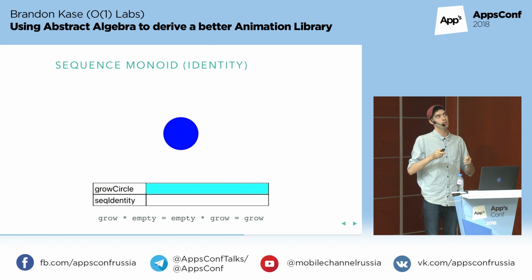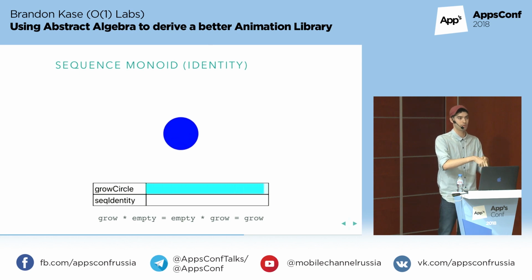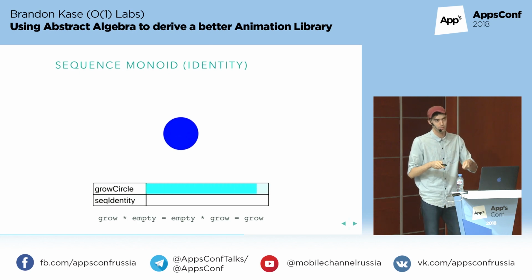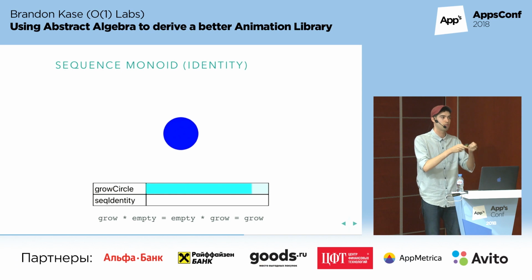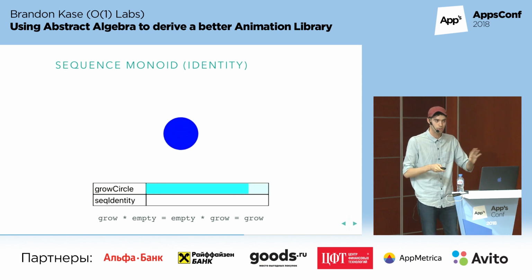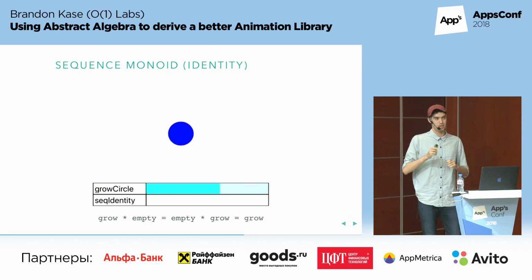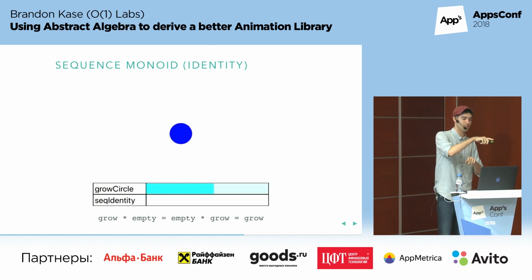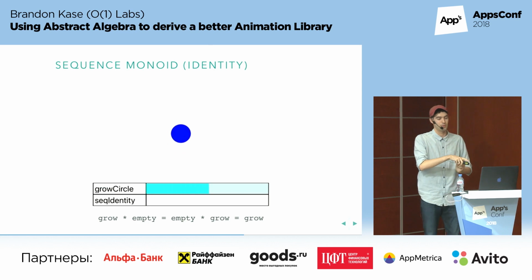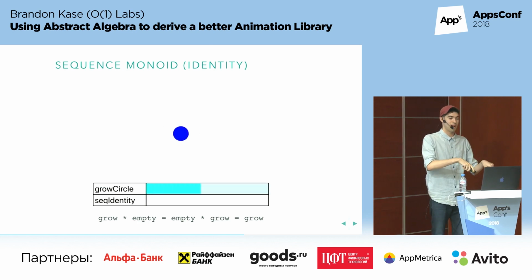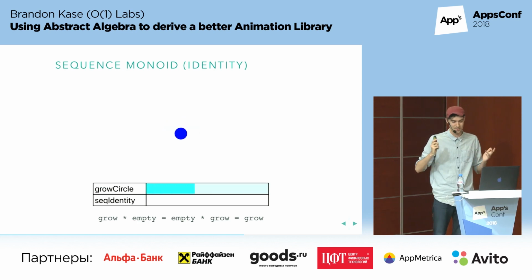Well, what if we coupled duration with the animation specification? Okay, so then we could say an animation with duration 0, doesn't matter what we're doing. If it has duration 0, we can stick it at the beginning or the end in sequence, and it doesn't change what the resulting animation looks like. So that's our identity. And because we also have the fact that the sequence is a semigroup, when we add the identity, we now have a monoid. All right? Cool.